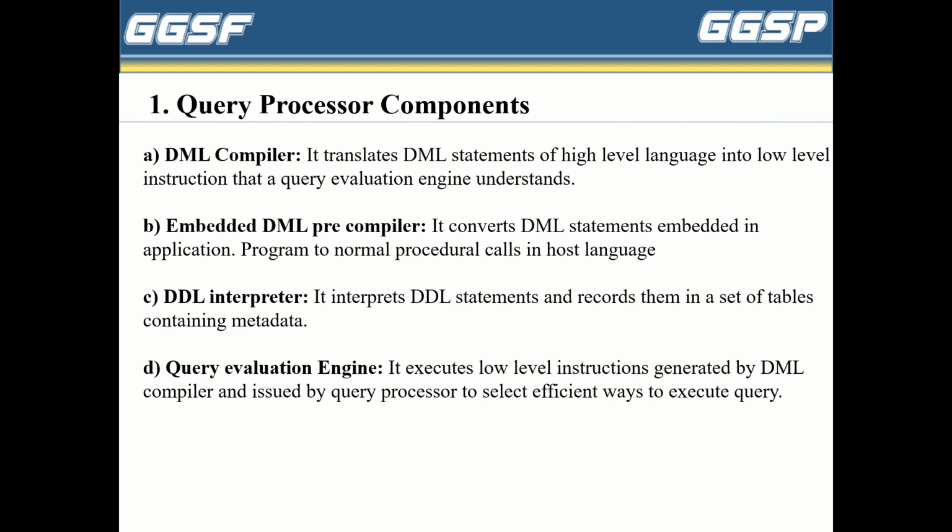So query evaluation engine understands only zeros and ones. So our DML statements are in high level language, that is select star from table name. So this is the English language, that is high level language, and the DML compiler takes that statement that is written in the high level language and translates it into low level language, that the query evaluation engine understands.